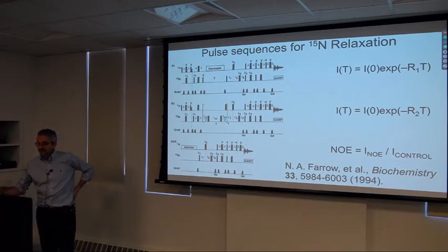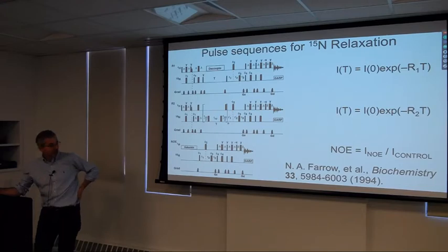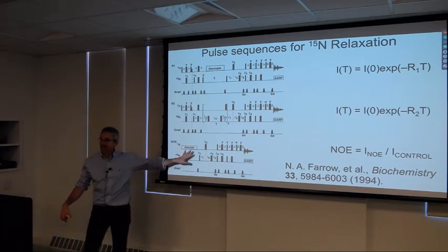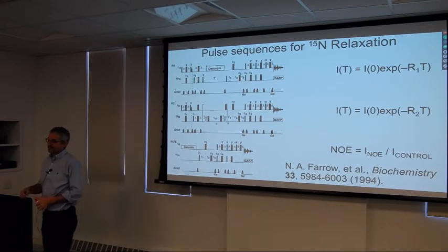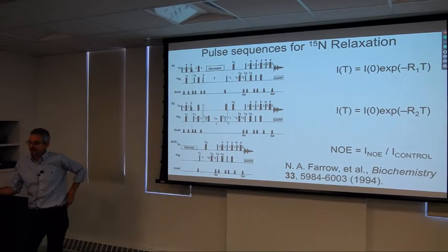So for a typical protein, let's say ribonuclease H, which is 150 amino acid residues, the nitrogen-15 T1 is about a second. So how long should the recycle delay be for magnetization to come back to Boltzmann equilibrium if T1 is a second?